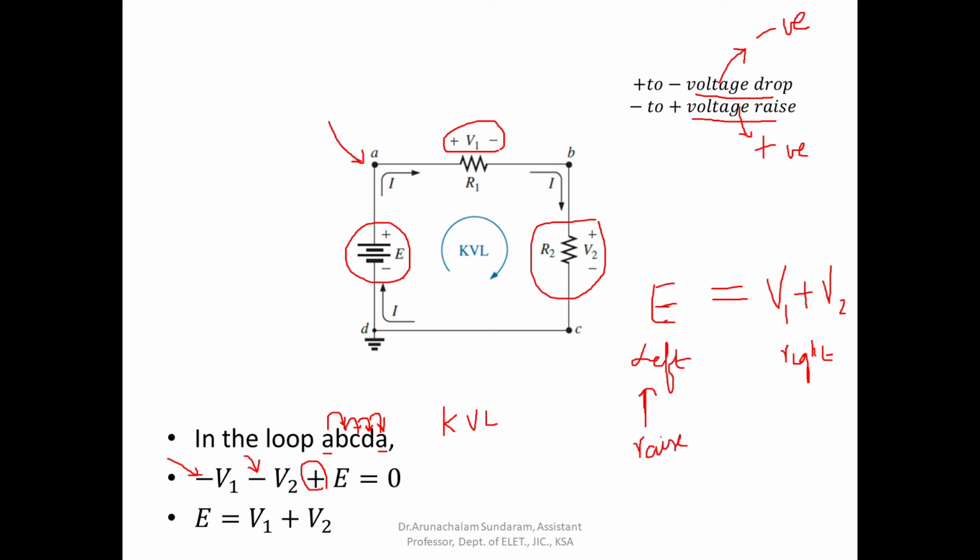On one side of the equal to sign, you write voltage drop. So on the right hand side of the equal to sign, whatever element has voltage drop, you write it. Whichever way is easy for you, you can follow. Basically, on one side of the equal to sign you add all the drops, and on the other side you add all the voltage rises. So basically these two equations are the same.